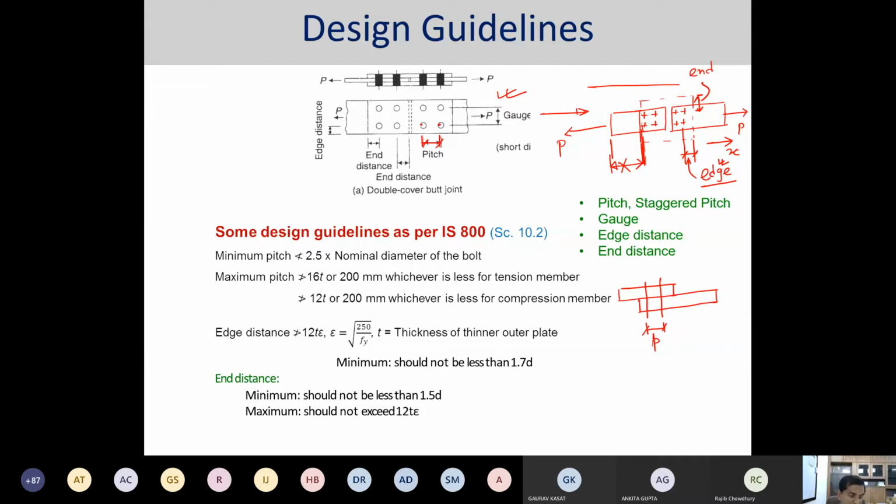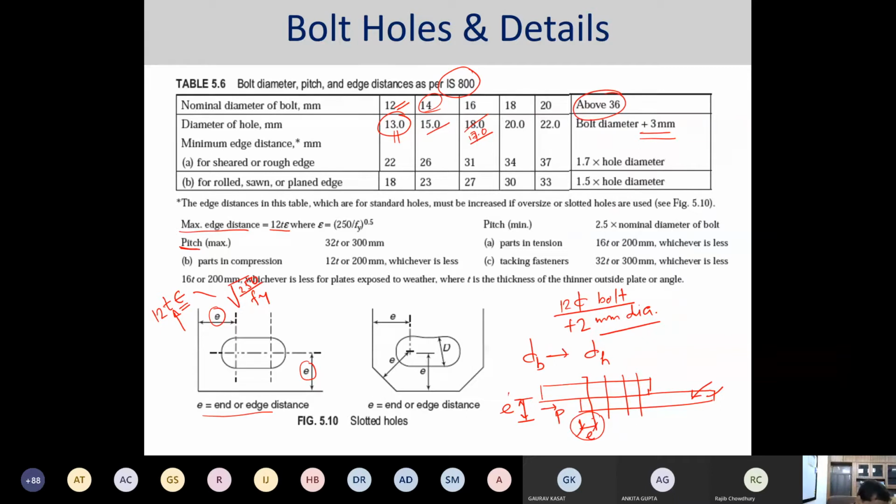The distance between the two sets of bolts, along the direction of the force, is called the pitch. The distance between two sets of bolts across the direction of the force, or perpendicular to the direction of the force, is called the gauge or gauge distance. So this is called pitch, and this is called gauge distance.